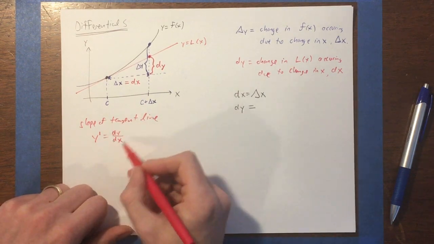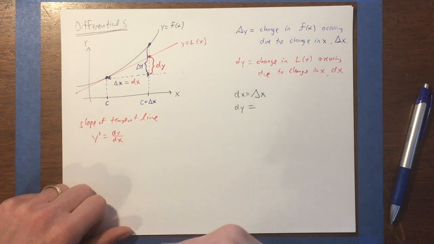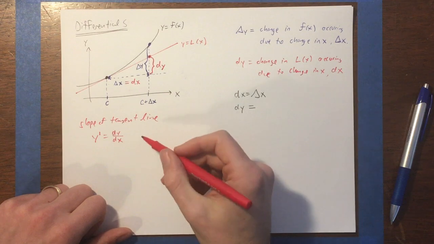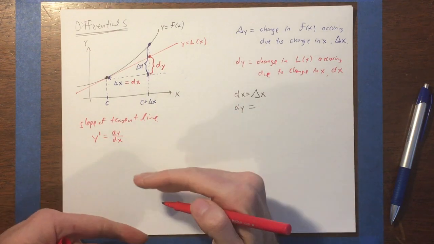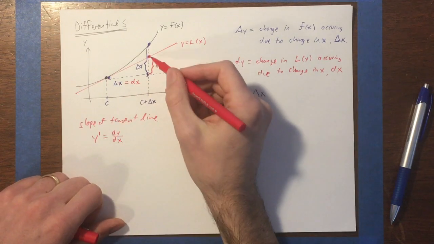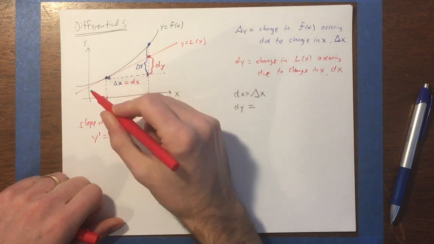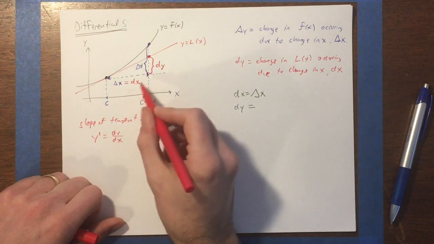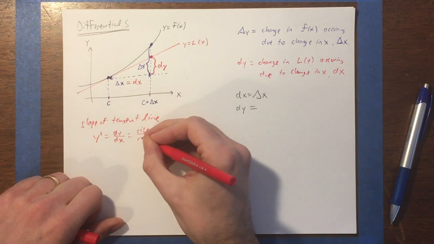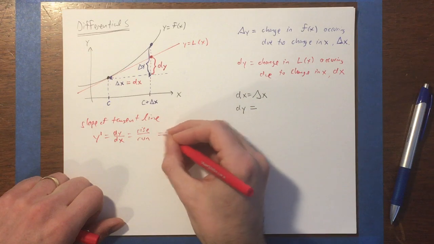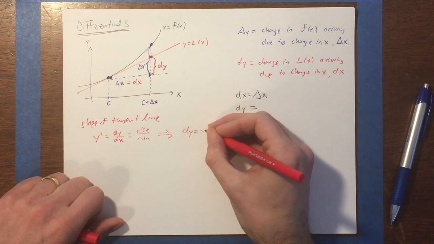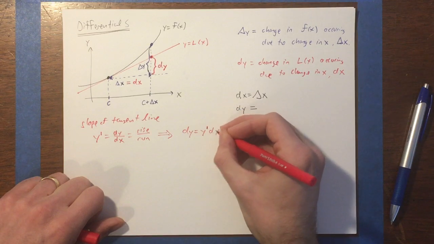Now, the notation dy over dx, normally we've been thinking of that as just the derivative. But now we can think of dy and dx as independent things, where dy is the vertical change in the linearization and dx is the horizontal change. This is literally just rise over run. So what we can take out of this is that dy is going to be y prime times dx.